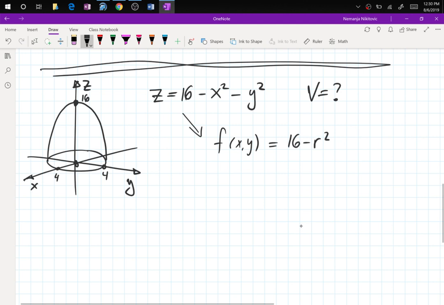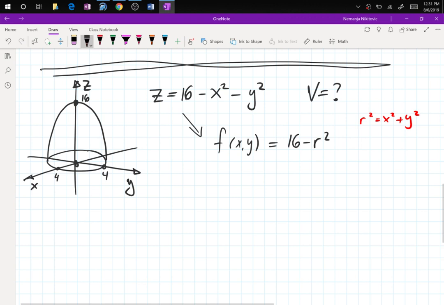That's all it is, because you know from Calculus 1 that r squared is x squared plus y squared. So if you factor out the minus sign, it becomes x squared plus y squared, replaced by r squared. So now I have my function.